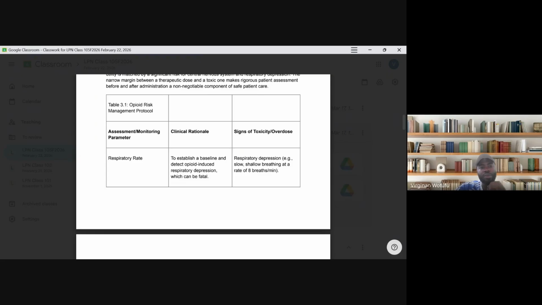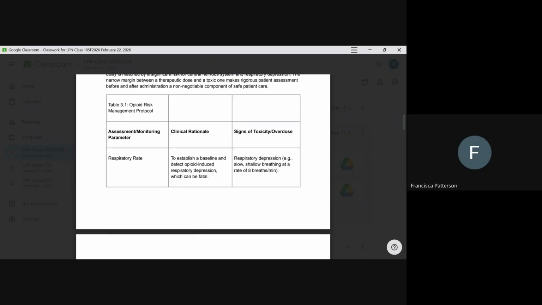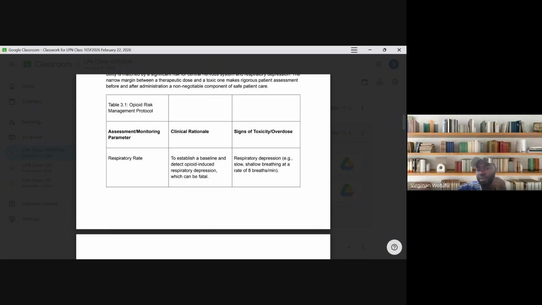Guys, can we have someone help us with the side effects and toxic effects of opioid analgesics? Respiratory depression. What would that be? Side effect or toxic effect?